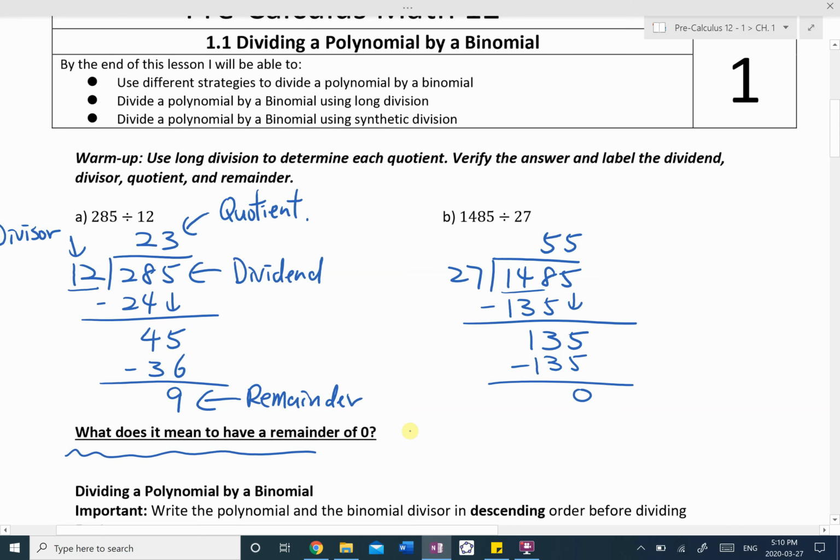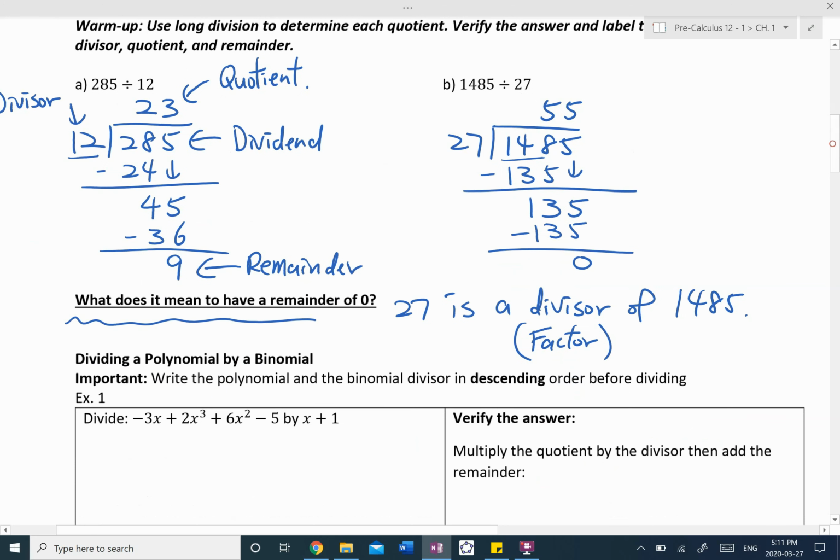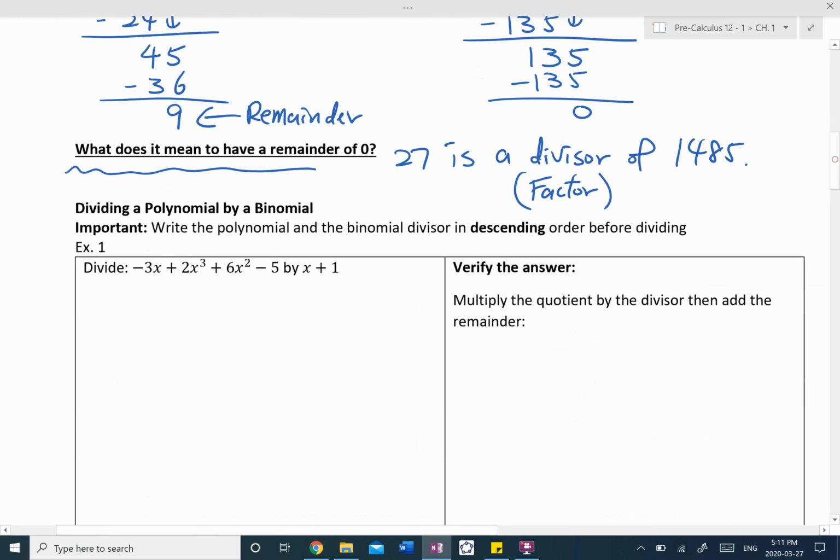Well, recall, this means that 27 is a divisor of 1485, or a factor. 27 is a factor of 1485. So that's what it means by having a remainder of 0. Now, the same thing actually applies to polynomials. When we divide polynomials by a binomial, we do exactly the same thing.